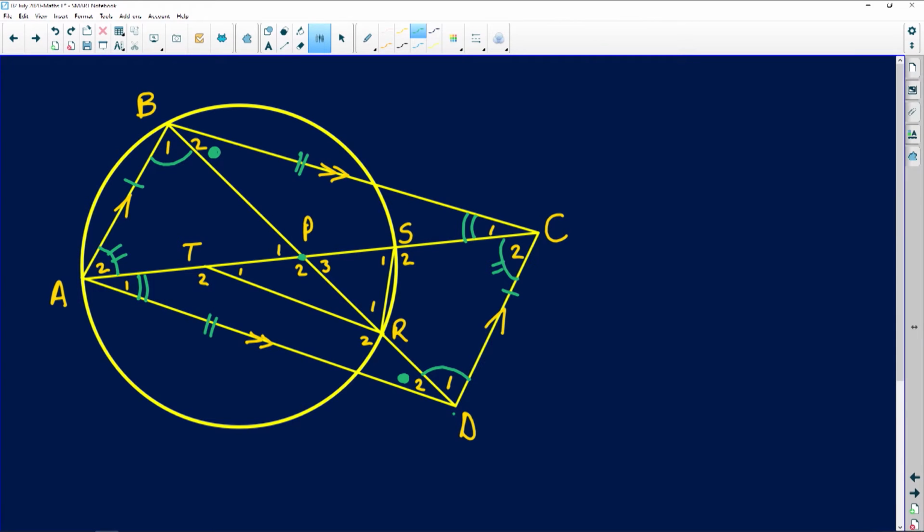Because they form vertically opposite angles that are equal to one another on this diagram. So let us mark P. I need a different symbol here, so I'm going to just give it a little bit of a wobble there. Those two are vertically opposite, equal to one another.